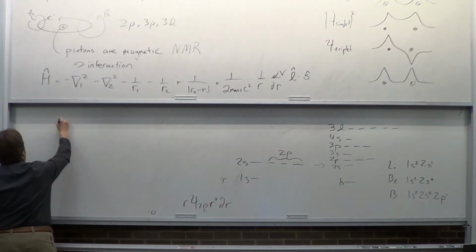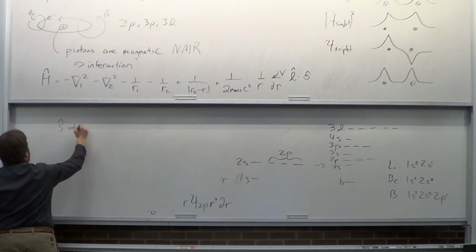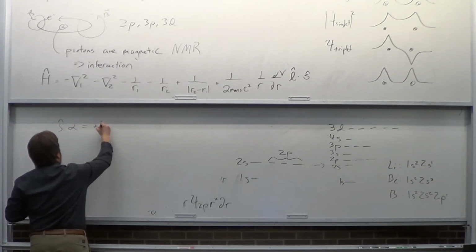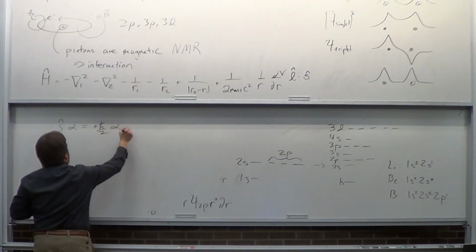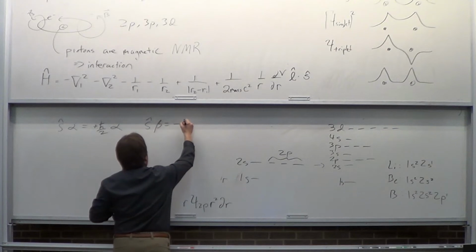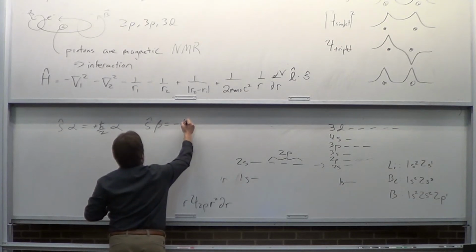But the way this works is the spin operator on alpha, let's do an eigenvalue equation, and spin operator on beta gives minus h bar over 2.